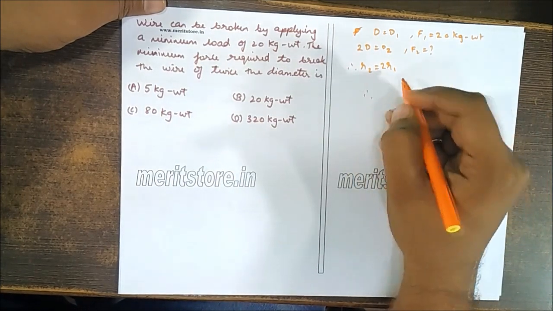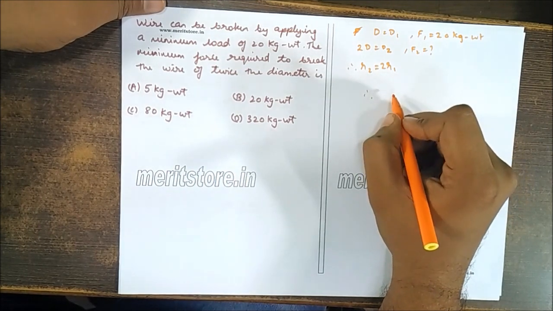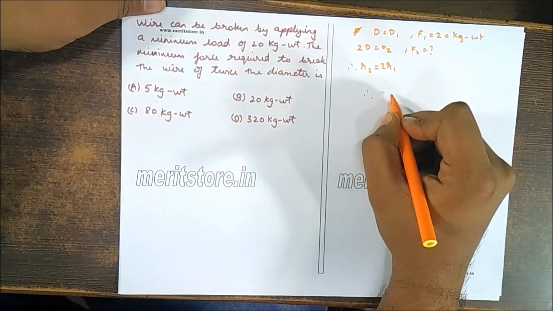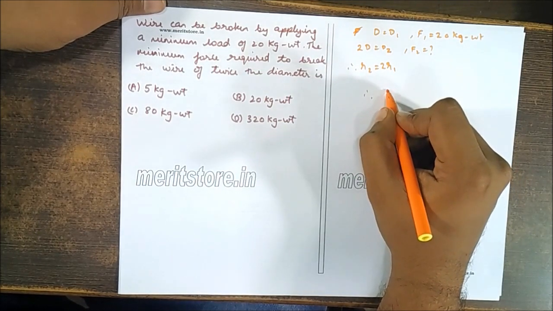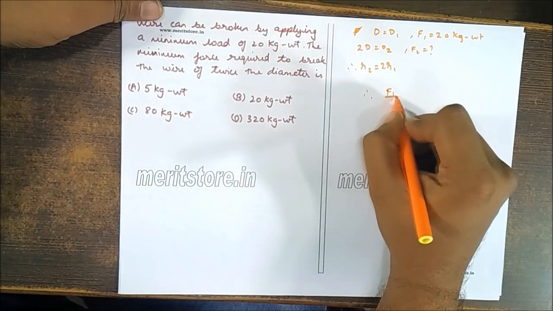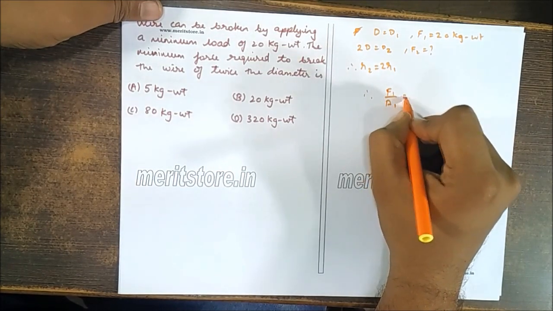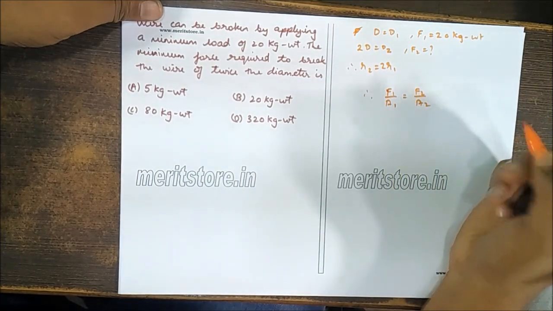Therefore we need to find the relation between force and radius. Now we can say the breaking stress should be same. That means F1 upon A1 is equals to F2 upon A2.